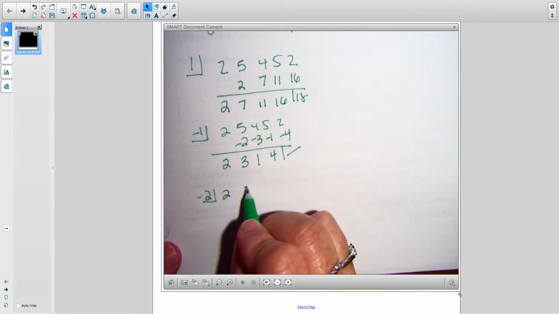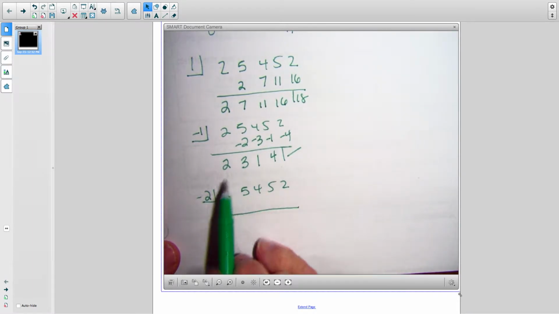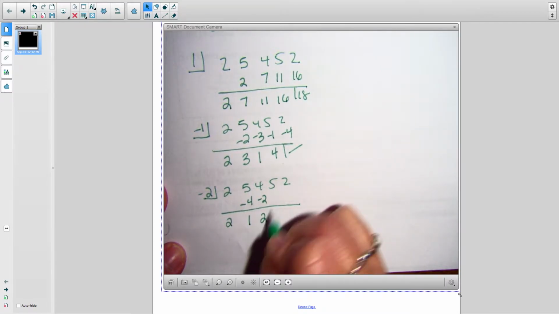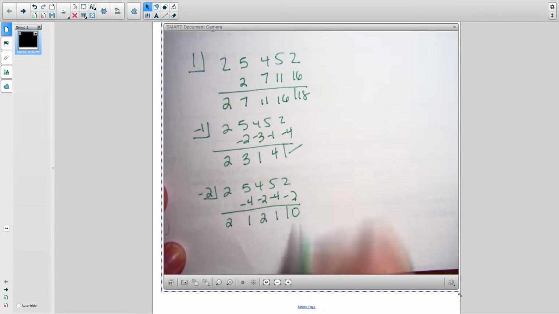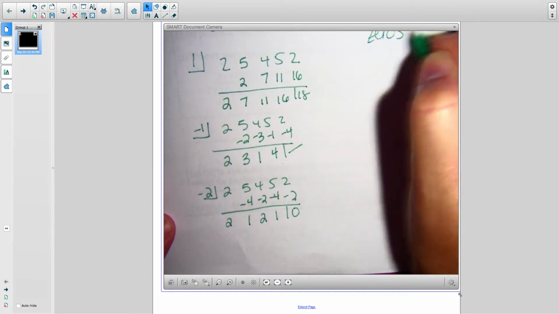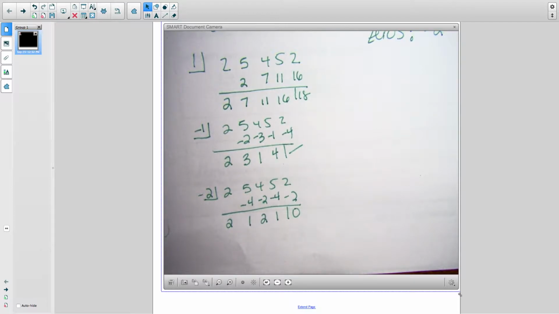So 2, 5, 4, 5, 2. You understand I can't use these because it's not a factor. I have to go back to my original. So 2, negative 4, 1, negative 2, 2, negative 4, 1, negative 2, 0. So I know negative 2 is one of my zeros.